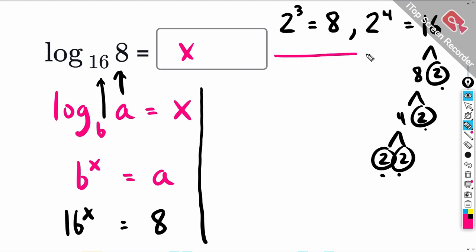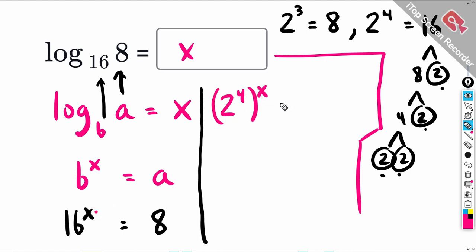All right. So now that we have that out of the way, we can rebuild this equation with 2s on both sides. We said 16 is 2 to the 4th. So I'm going to rewrite 16 as 2 to the 4th. And that is raised to the power of x. 8 is equivalent to 2 to the 3rd. When you have something with an exponent raised to another exponent, you just multiply.